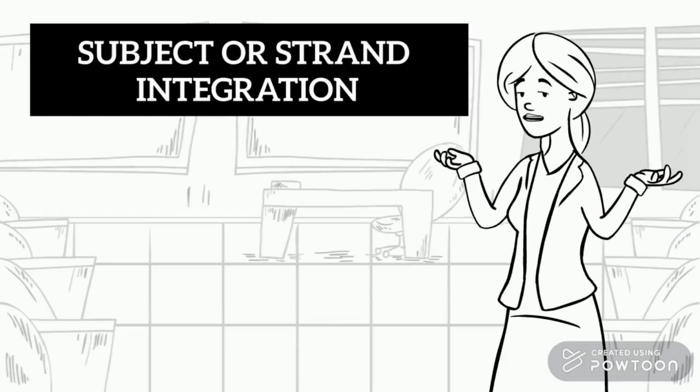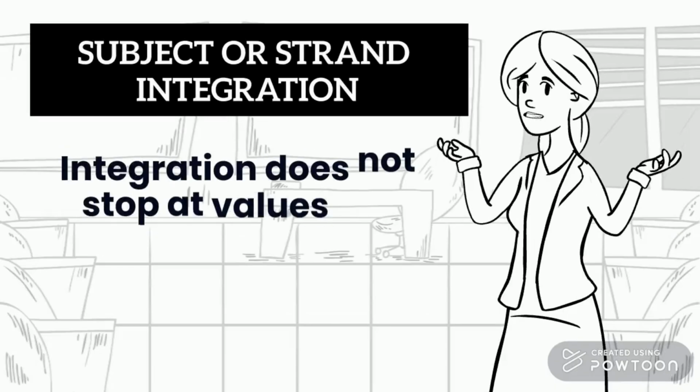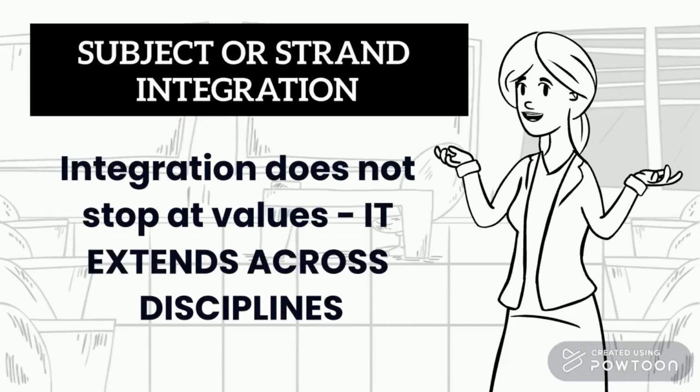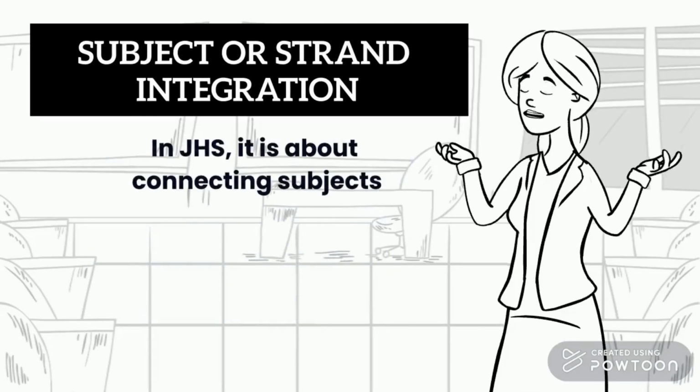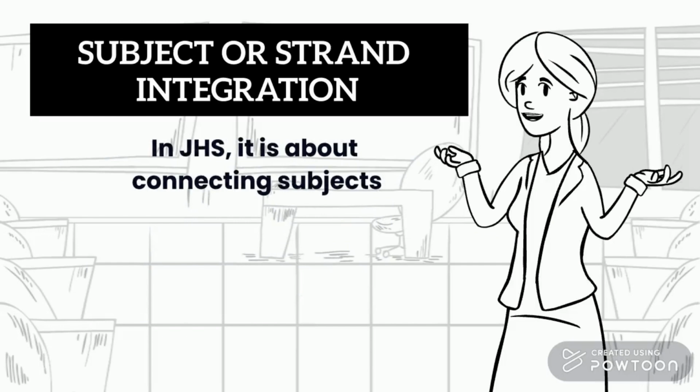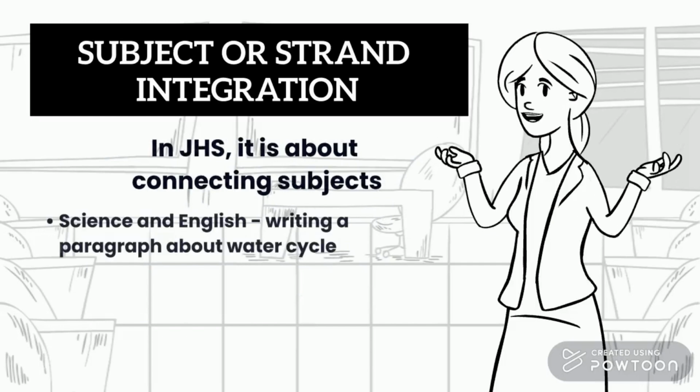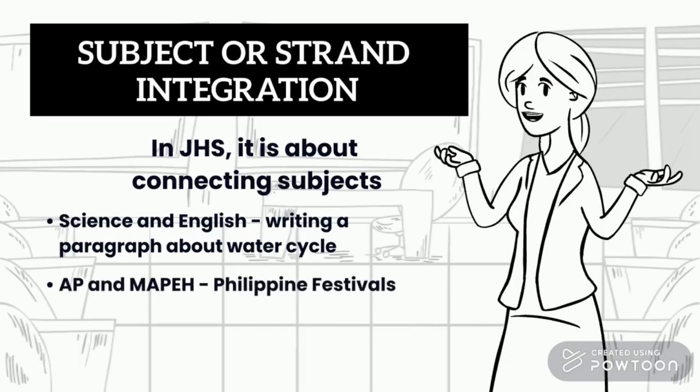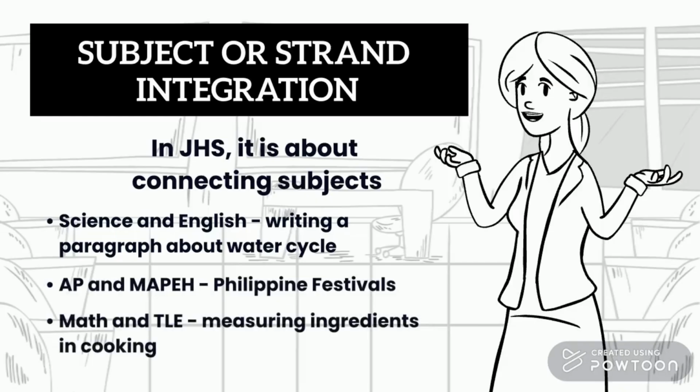Subject or strands integration. Integration does not stop at values. It extends across disciplines. In junior high school, it is about connecting subjects, like science and English, through writing a paragraph about the water cycle; AP and MAPE, through learning about Philippine festivals; and math and TLE, through measuring ingredients in cooking.